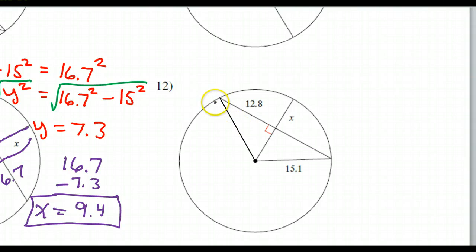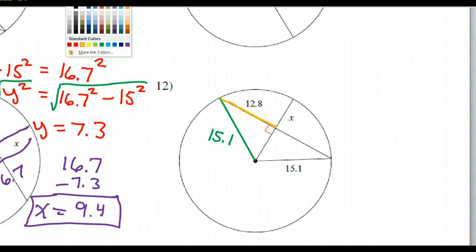Okay, I really wanted this to be a different color. All right, so once again, we're going to do the same thing. So this radius, I had to draw it in myself to sort of build this right triangle. But I know because of this radius over here that this will be 15.1. I have the 12.8 sitting up there, given to me.